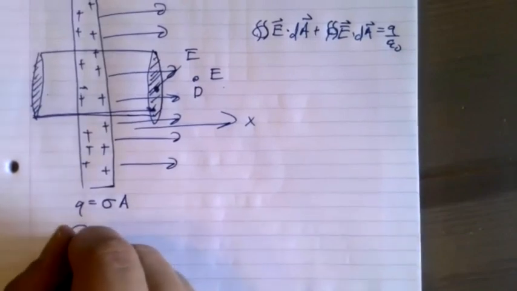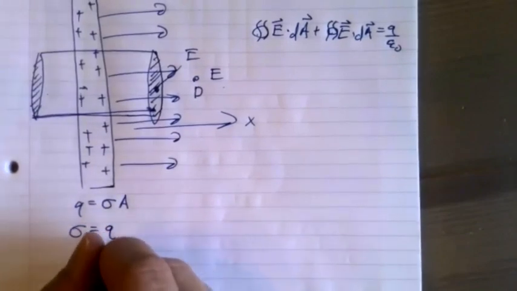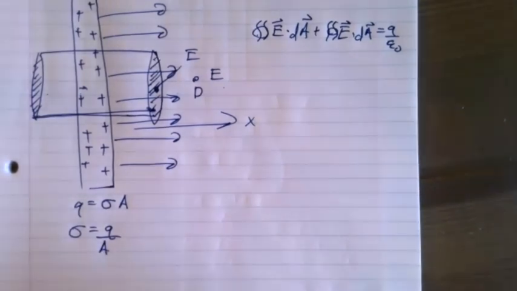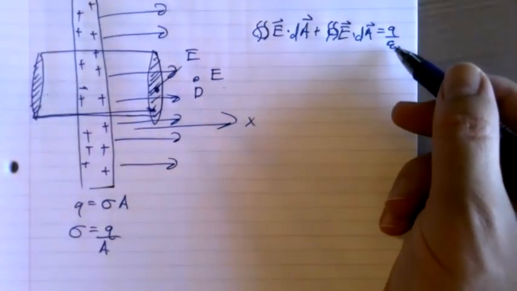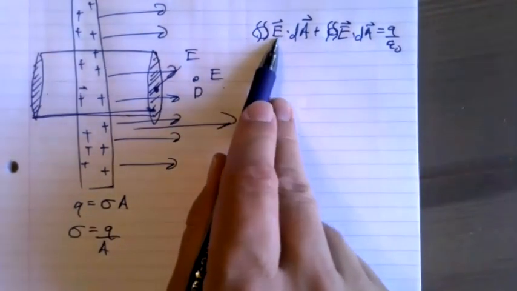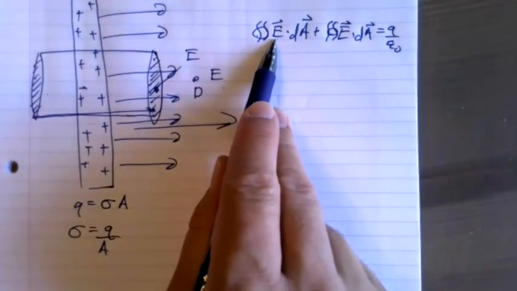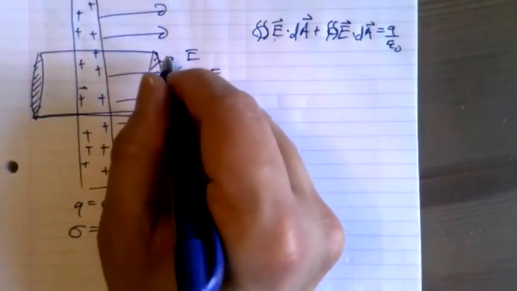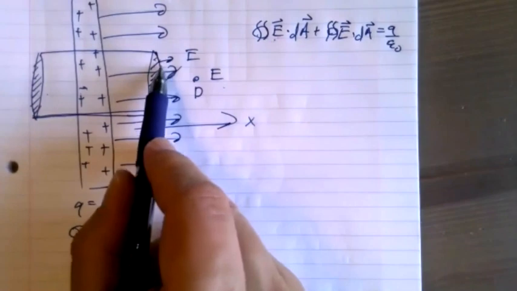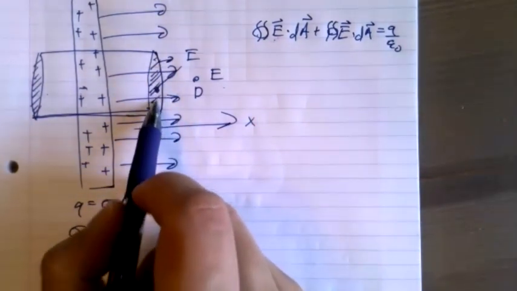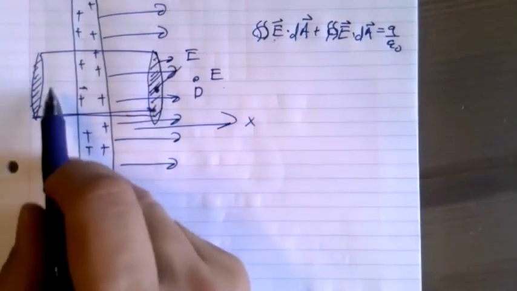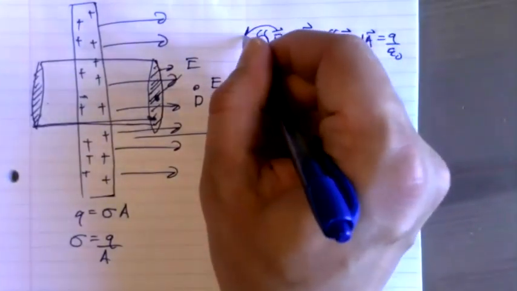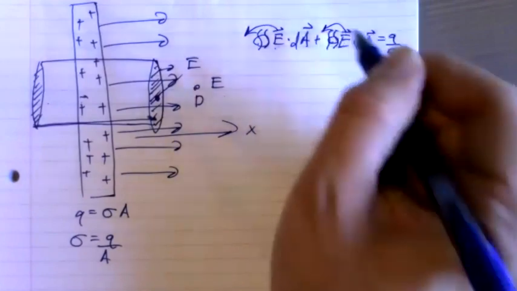And that comes from the fact that the surface charge density is equal to the total charge divided by my area. So now we can substitute this in up here. And remember that when you're doing this integral, the electric field is constant as we move across the surface. So as we move anywhere on the end of our cylinder here, the electric field is going to be constant. So in our integral up here, the electric field can come out. It's just going to be a constant value.